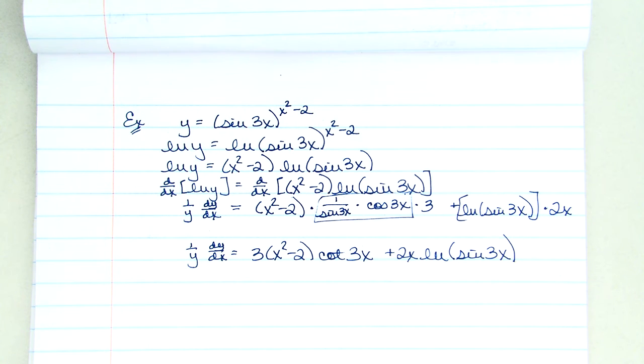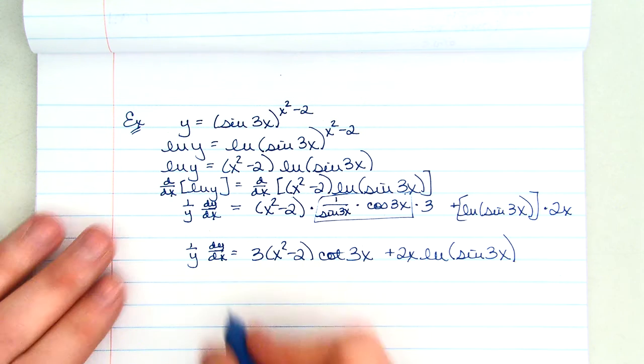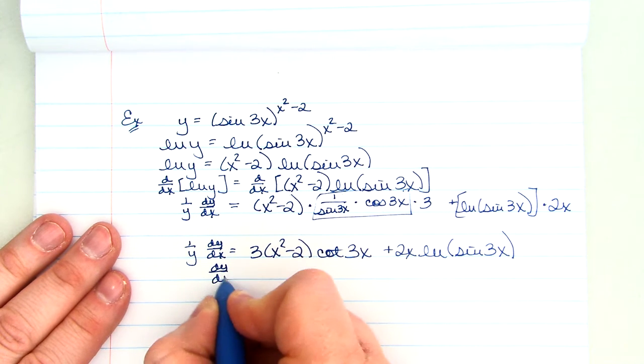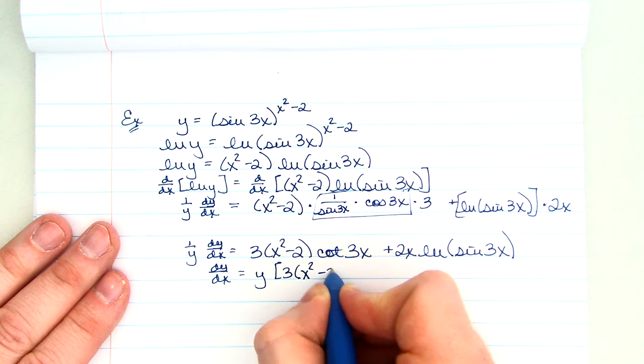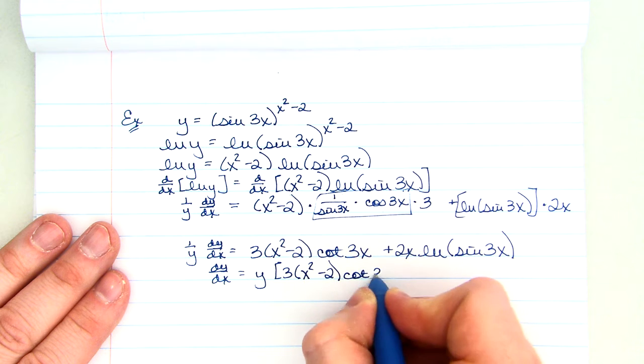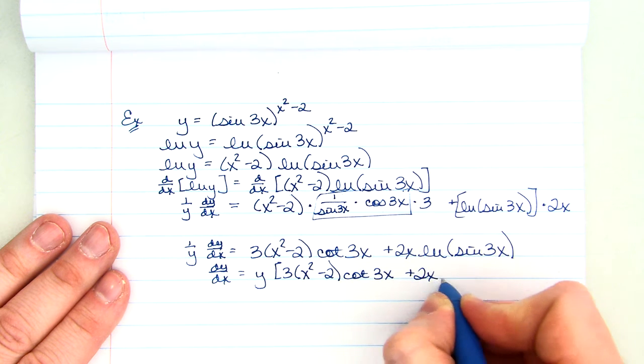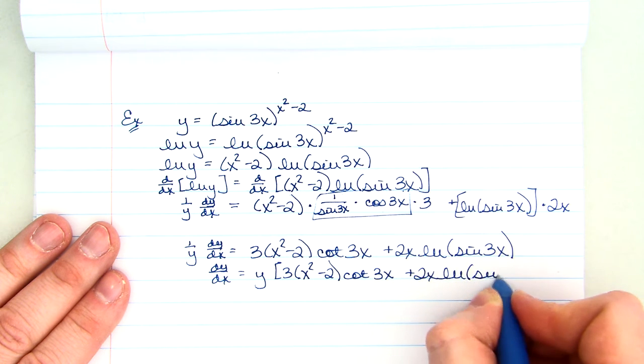Take just a moment, finish it off. Yes, it's going to be ugly, but that's what it is. And again, this is the formula that finds the slope of that original function. dy/dx equals y times (3(x squared minus 2) cotangent of 3x plus 2x times the natural log of the sine of 3x).